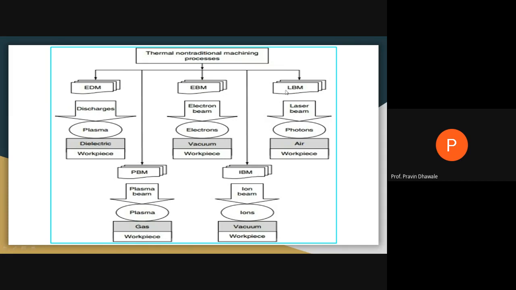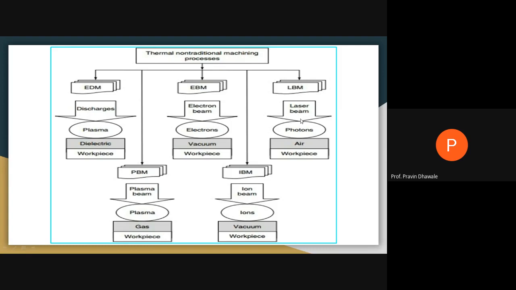Last one, that is laser beam machining. In case of laser beam machining, the material from the workpiece will be removed because of the photons, and those photons are produced by the laser beam, and those photons are allowed to strike the workpiece in an atmosphere of air. Means the workpiece is mounted in an open atmosphere surrounded by air.